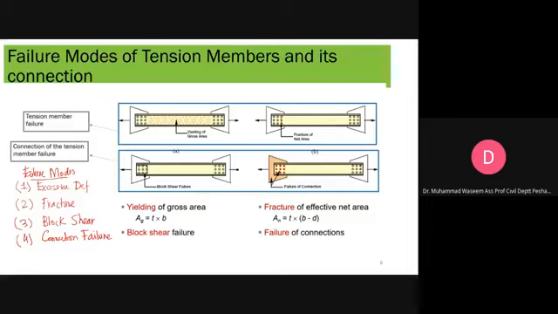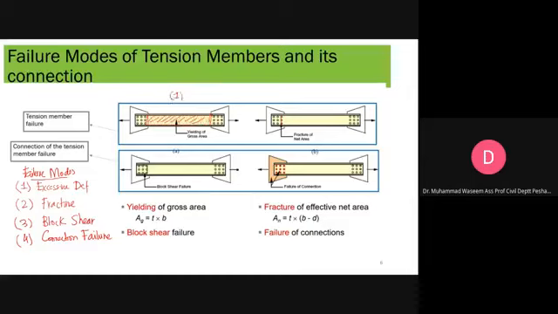Excessive deformation occurs in the region of a tension member which is not connected. In this region we will have yielding, and after the yielding we will have the excessive deformation. So a tension member can fail due to excessive deformation in this region. This is the first failure mode.